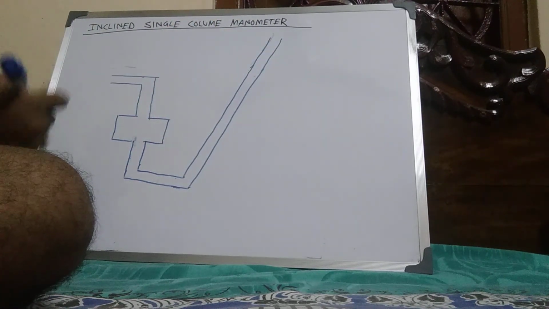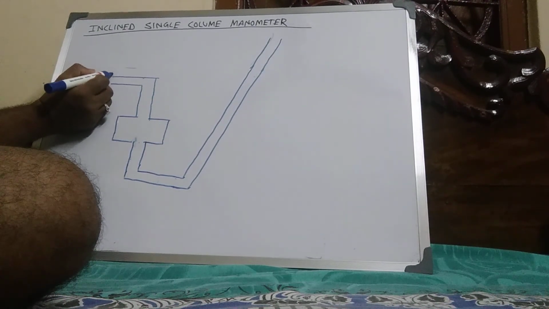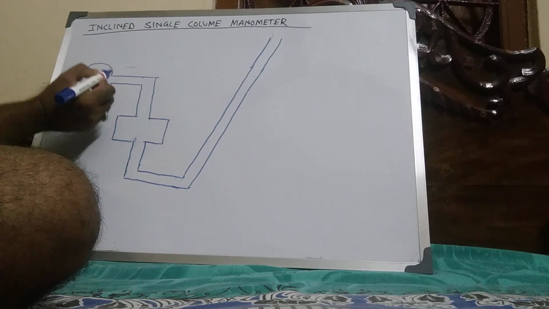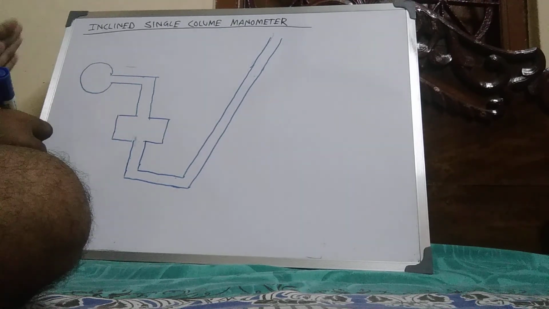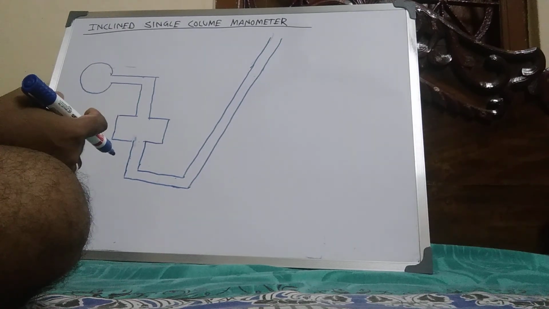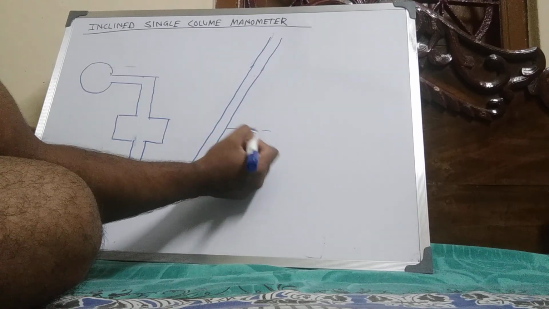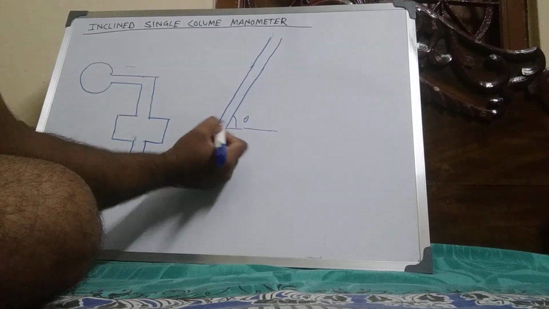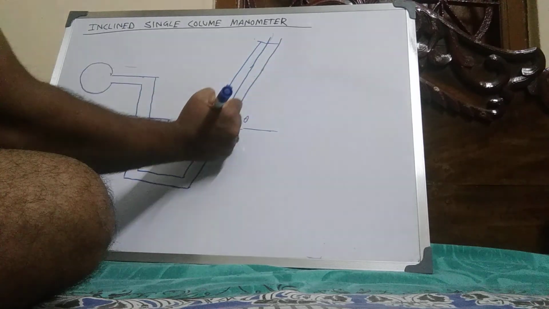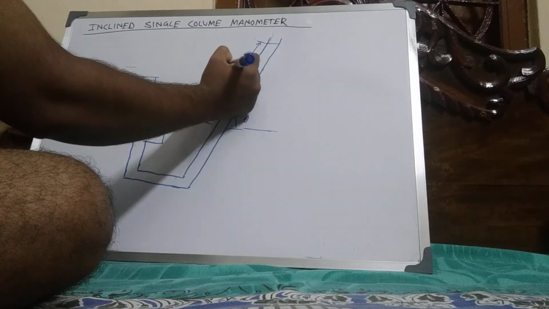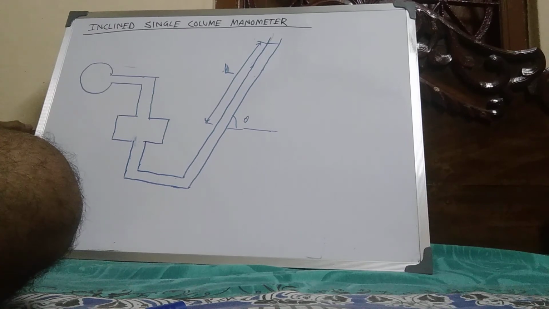This is the inclined single column manometer, and this left limb is fitted with a pipe, and whose right limb is inclined with angle theta. This is the length L.